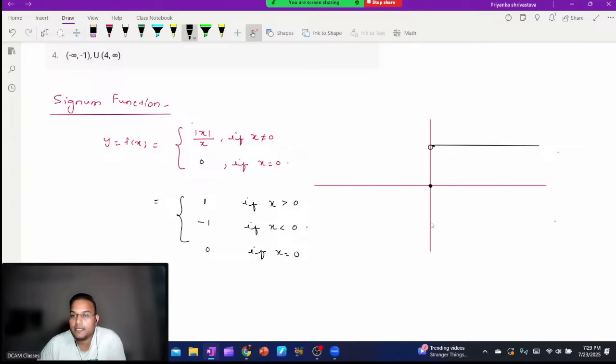And similarly, this is how we represent the graph. This is for x less than 0, it is minus 1. Focus on this part, 0, 0.